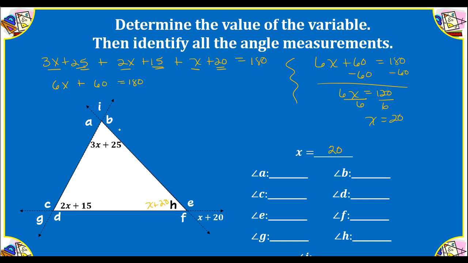Now we can find all these angle measurements. I'm going to find what this 3x plus 25 is. That gives me 85 degrees. So I is 85 degrees.